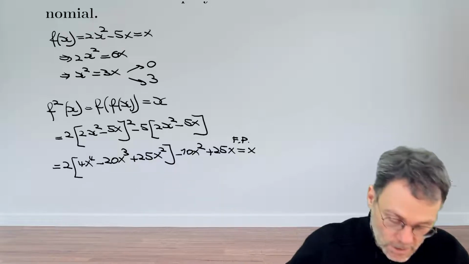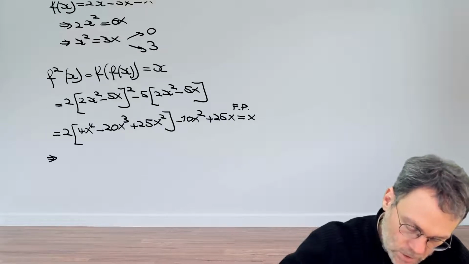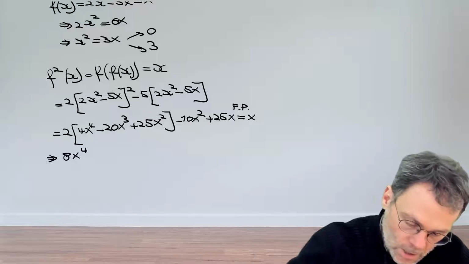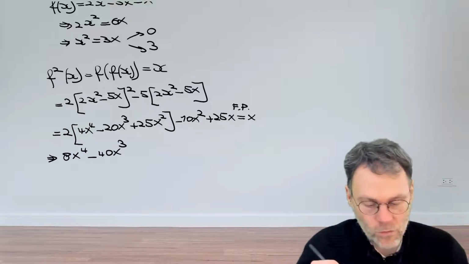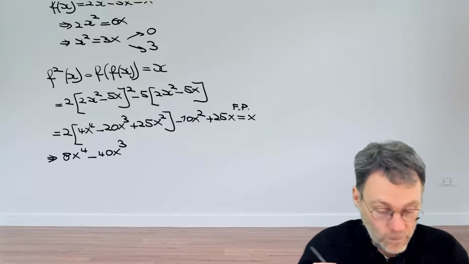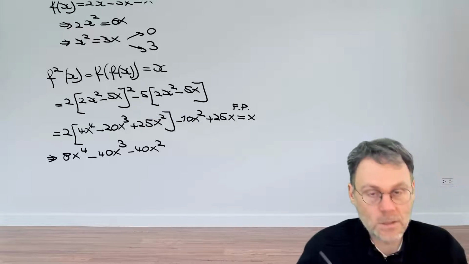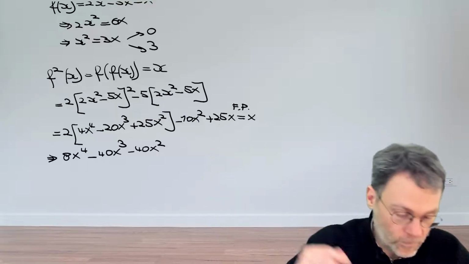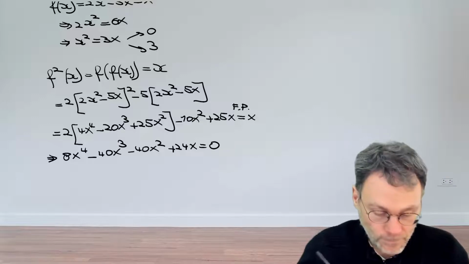Let's first clean things up a little bit. This brings us to 8x to the power of 4 minus 40x to the power of 3, and then we have 50 minus 10, which is 40x squared. Finally we have 25 minus 1, that's 24x. So this thing should be equal to 0.